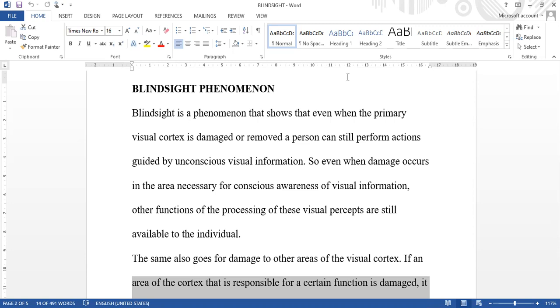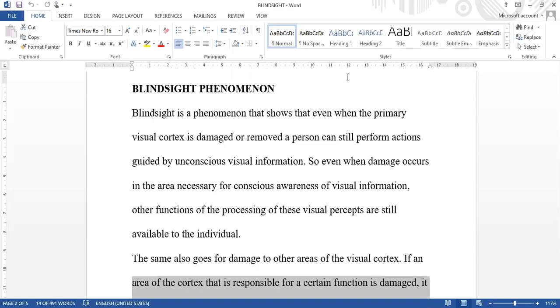But if someone is blind, sometimes the person wouldn't see you, but the person can sense that someone is here in my presence. So in most situations, they use something known as motion, especially to do that. And when it comes to motion, it is not processed by area V1 or the primary visual cortex.